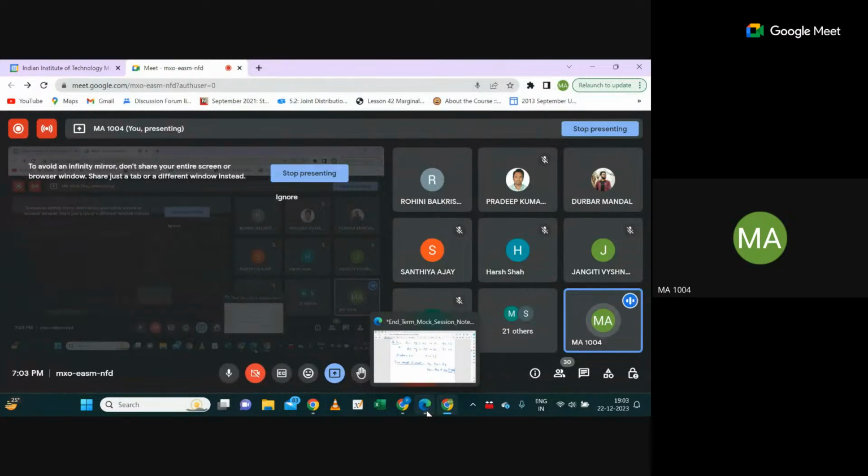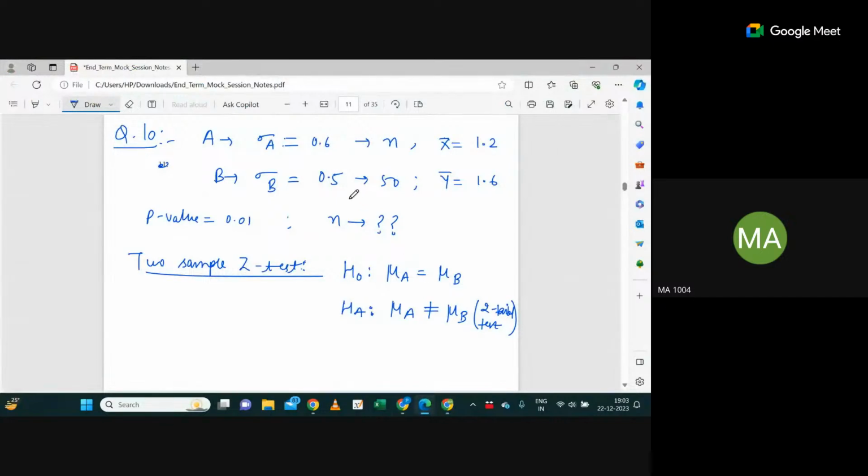On average, there is no significant difference between machine A and machine B, because we have two different samples. It's not about only one sample. If we were talking about only a single machine, with an average of, say, 1.5, just assuming, then I would apply a one-sample Z test.